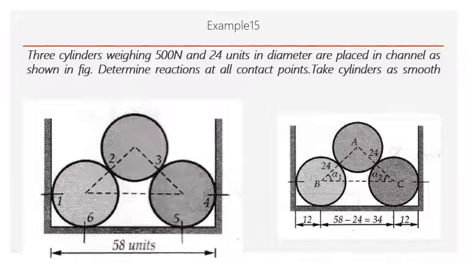Out of that, if you subtract 24, 12 plus 12, you get the remaining width as 34. And this length we know. What is that length? That is 12 plus 12. Each sphere radius is 12, so 12 plus 12, that is 24.